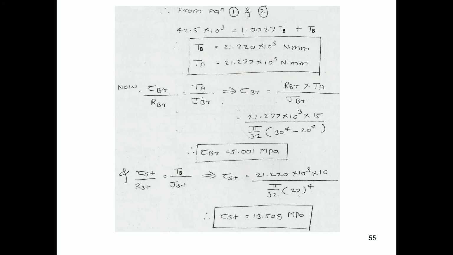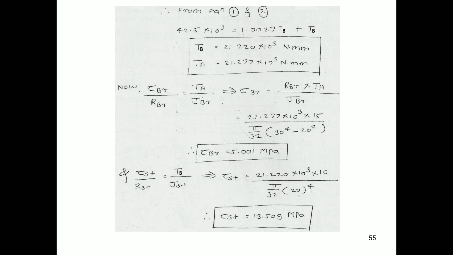By using the torsional formula, we have tau BR, the shear stress in brass, upon the radius of brass, which is equal to the torque at A upon the polar moment of inertia of brass. From this equation we have the shear stress in brass given by RBR into TA upon JBR.